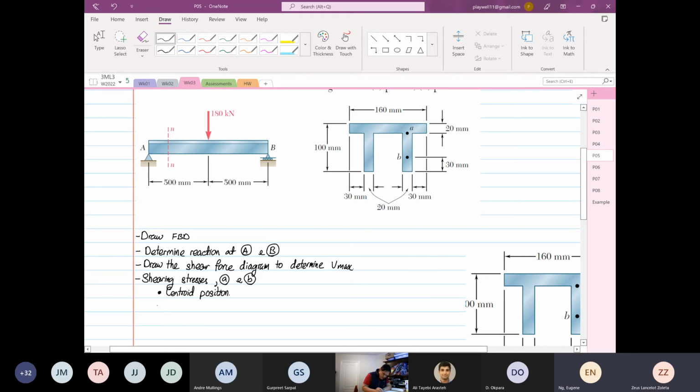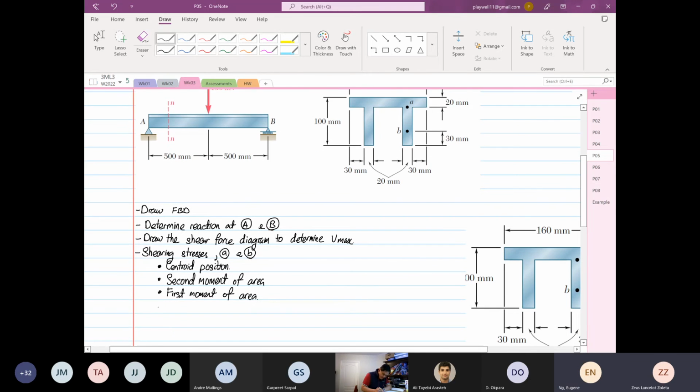Okay, we need to calculate second moment of area. Okay, you can see what you will learn from here, and then you will need to define your first moment of area. And then from here, you can find your shear stress at point A and your shear stress at point B. Okay, so there are a lot of steps down here.